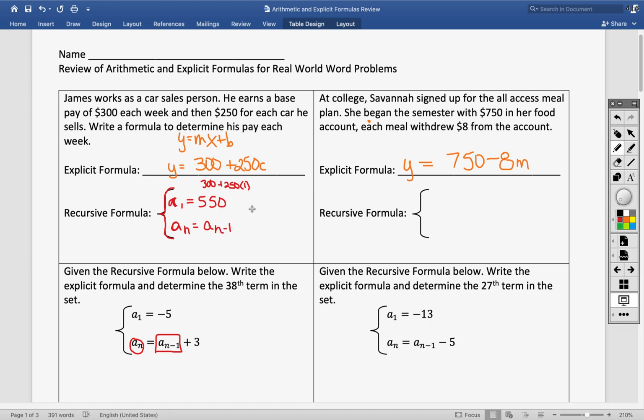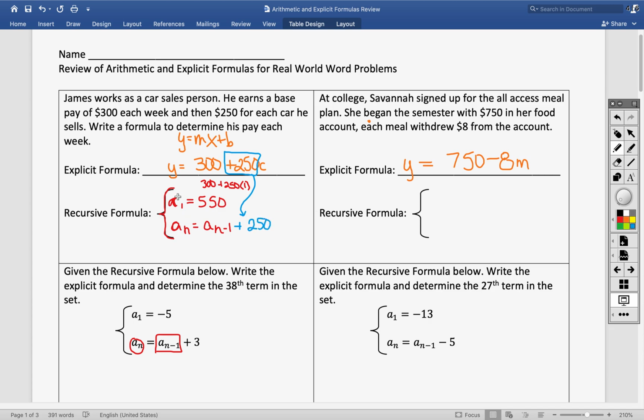And the easiest way to understand this is that you simply take the common difference, also known as the slope, and bring it down. Excuse me. So, what is the slope? It is a plus 250.